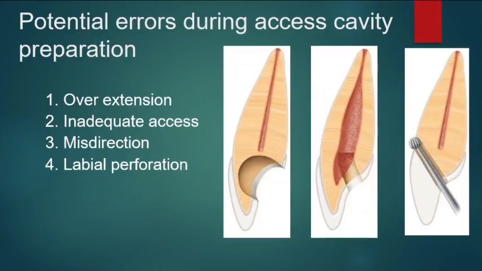Also, we can have misdirection, which may lead to perforation and labial perforation. Labial perforation can be caused by failure to extend the preparation to the incisal edge before the burr shaft entered the access cavity.